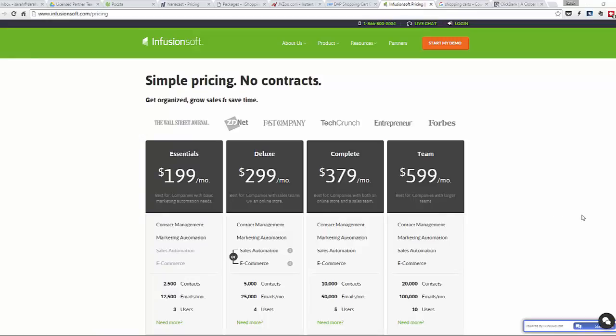Well, I moved because I needed to have everything in one place: my email list, all my products, my customer records. I needed everything in one big turnkey solution, so that if someone bought a product, they were added to my list. I could look up a contact, find out what products they've bought, see what emails they've opened. I want to know what links they've clicked on. I want to know lots and lots of data about my customers.